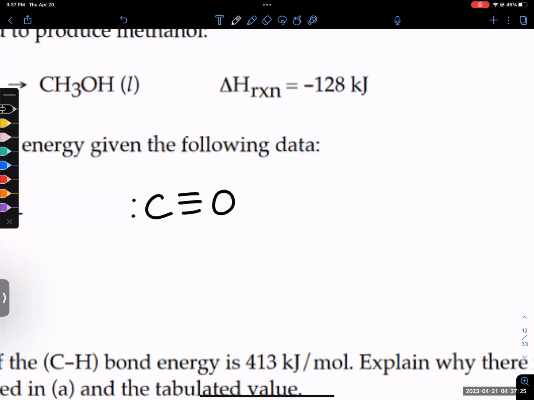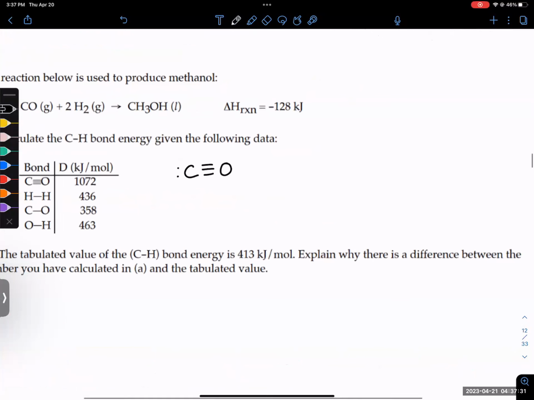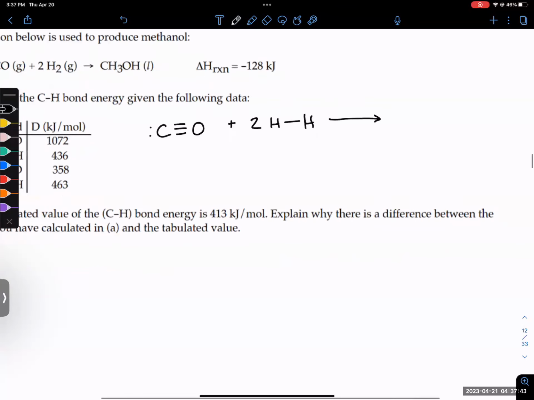The whole year of chemistry is dedicated to why carbon has 4 bonds. Okay, and then we're reacting it with 2 H2, hydrogen gas, and this produces, y'all know the name of that?